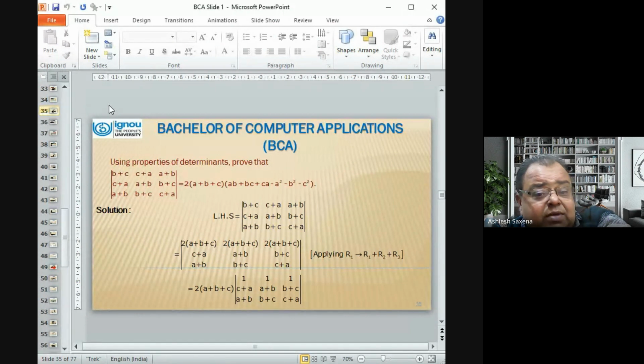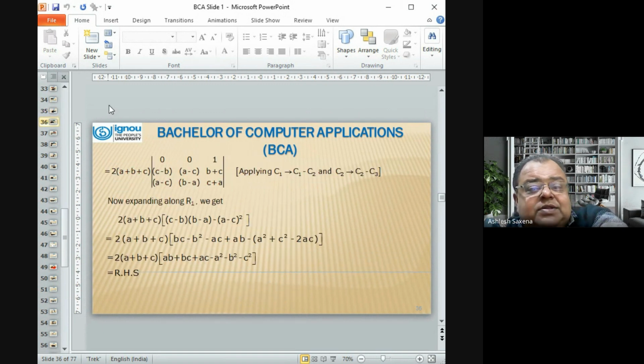So now I will be operating column 2 and column 3 with column 1. Either you can convert this also, or here I have converted column 1 and column 2. That means I will be subtracting column 1 or column 2.